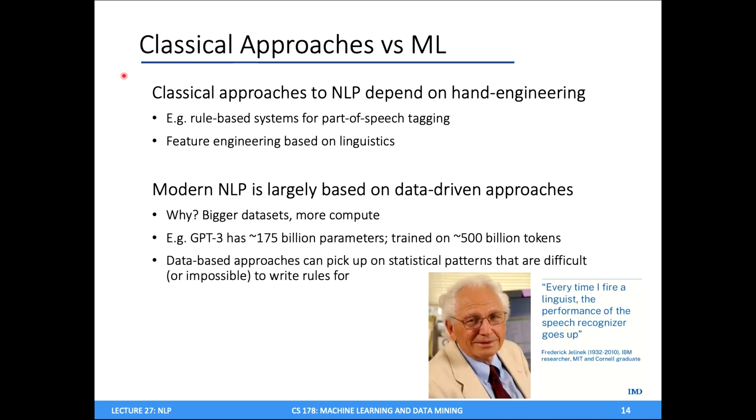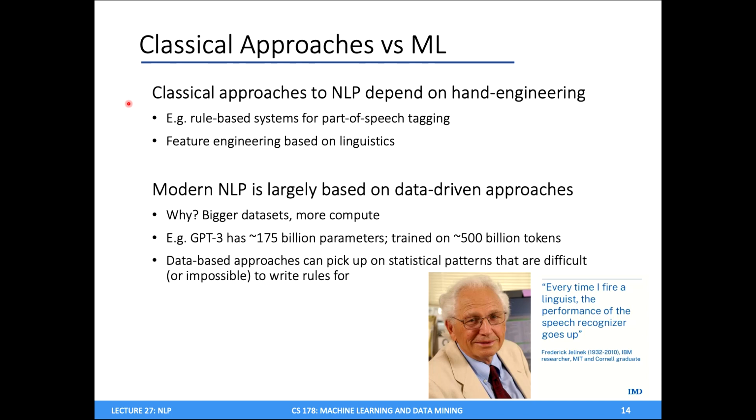Okay, I'd like to highlight here that there's lots of classical approaches to NLP. So pretty much ever since the advent of computers, people were interested in talking to them as if they were people. So with the advent of computers really came NLP, back in, say, the 40s and 50s even. And most of the classical approaches to NLP, say even up to the early 2000s, 2010s, really depended a lot on hand engineering.